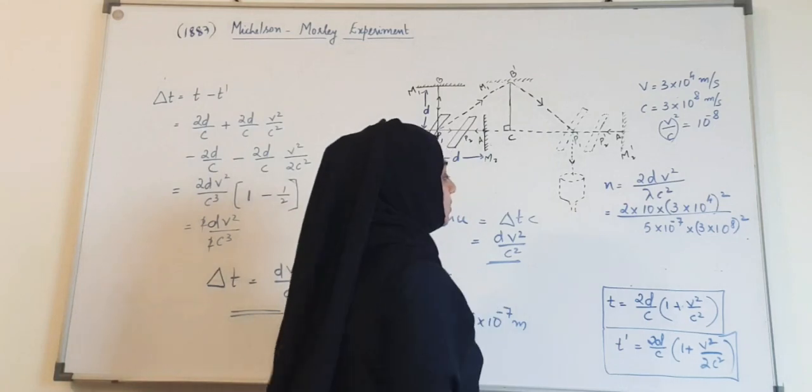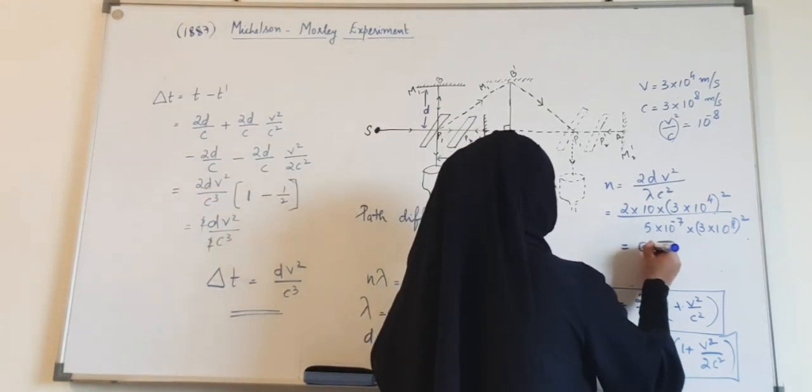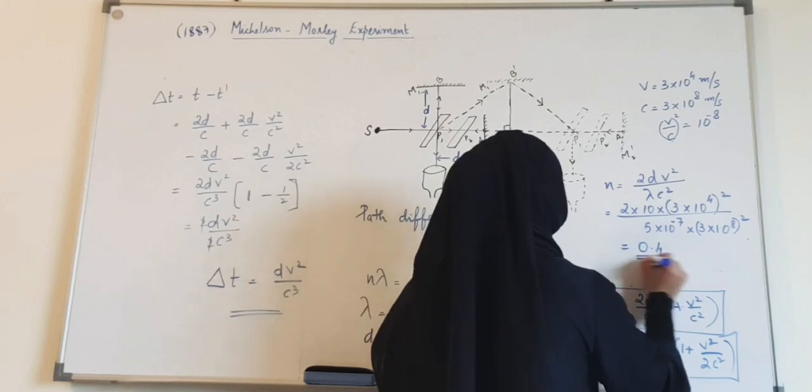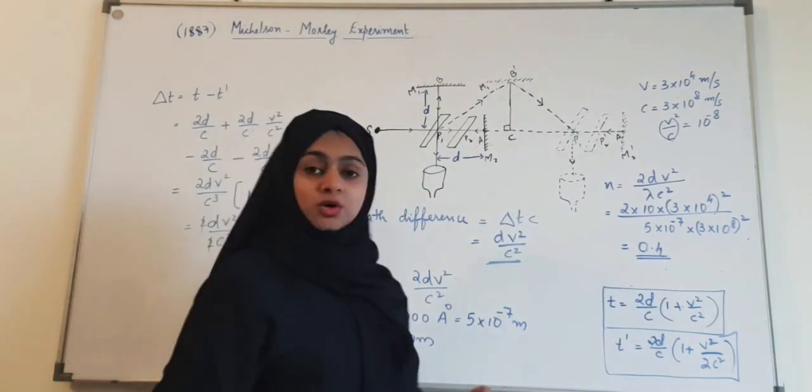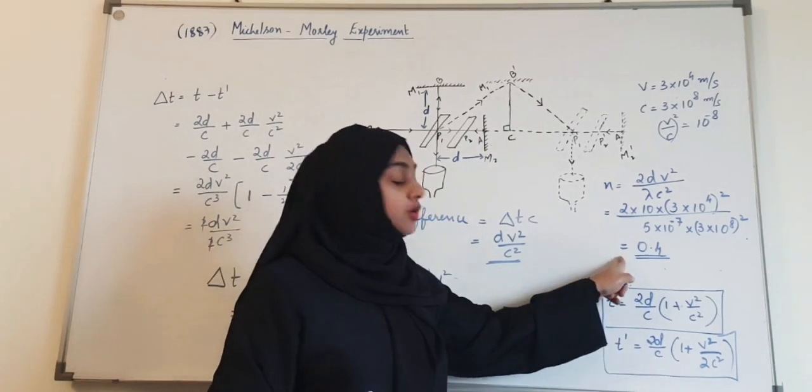If you calculate this value, you will get it as equal to 0.4. So the expected fringe shift is 0.4.